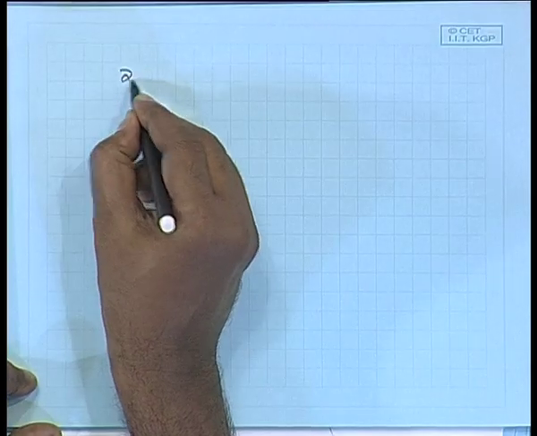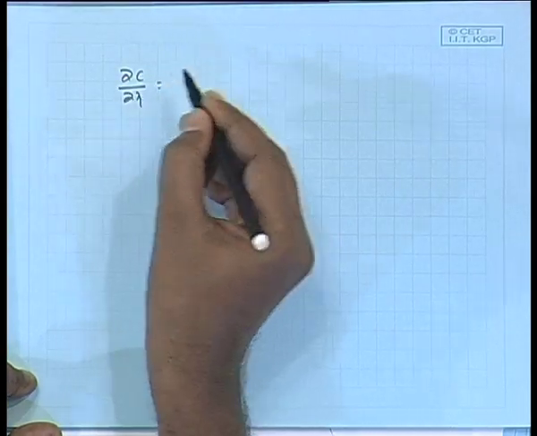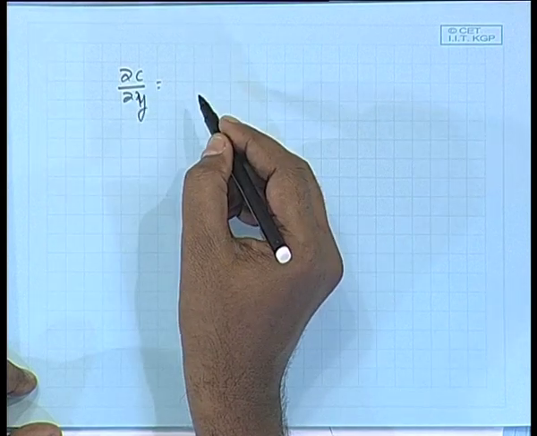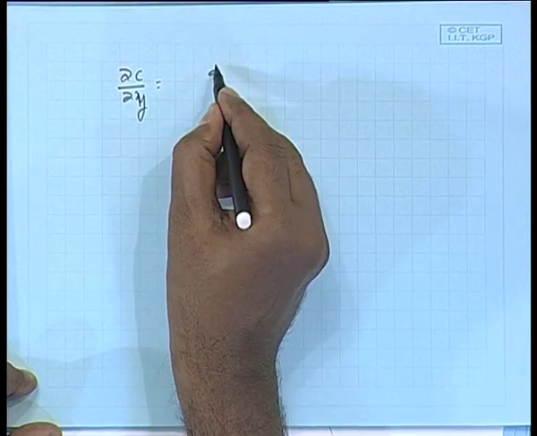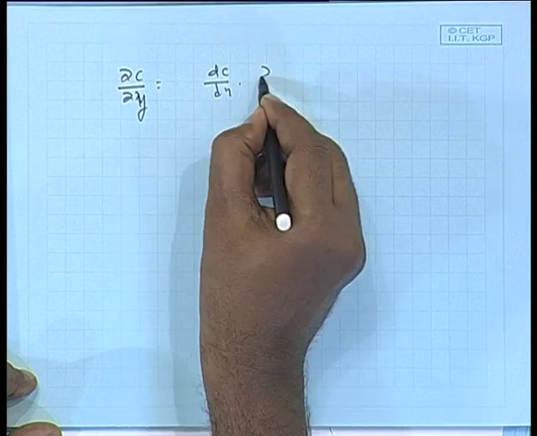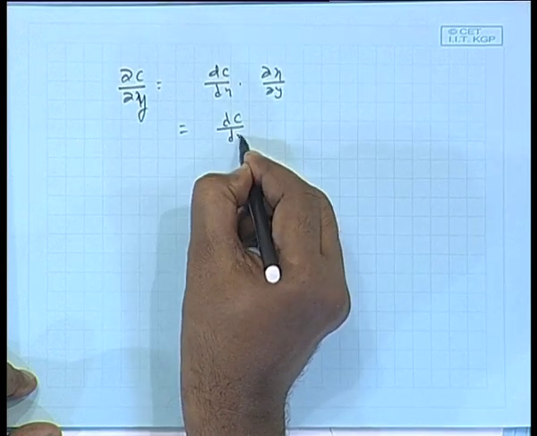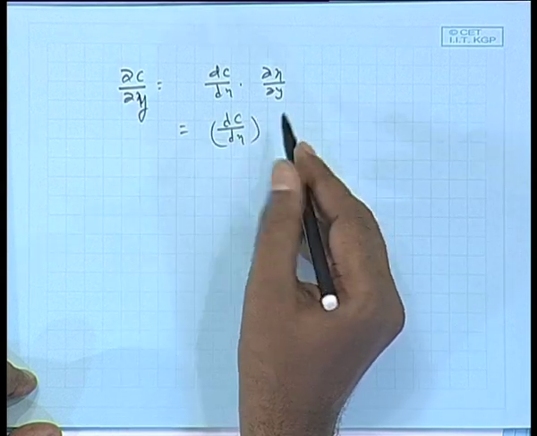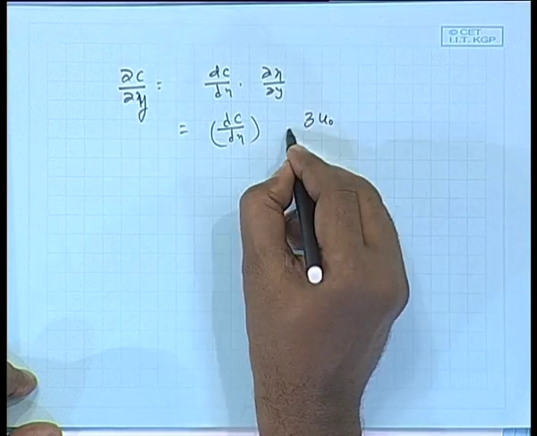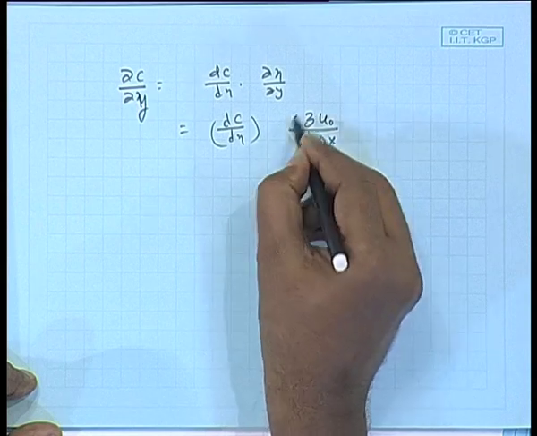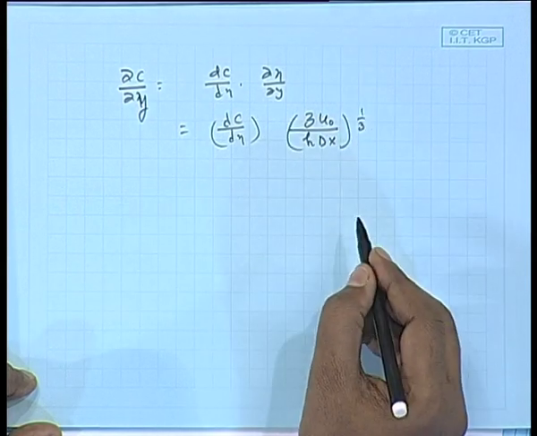Now, find out the other derivatives, del c del y. Del c del y will be d c d eta times del eta del y. What is del eta del y? Del eta del y will be 3 u0 by h dx raised to the power 1 upon 3.